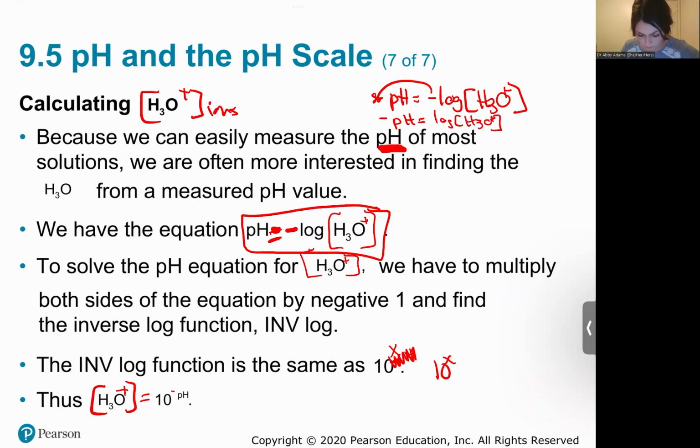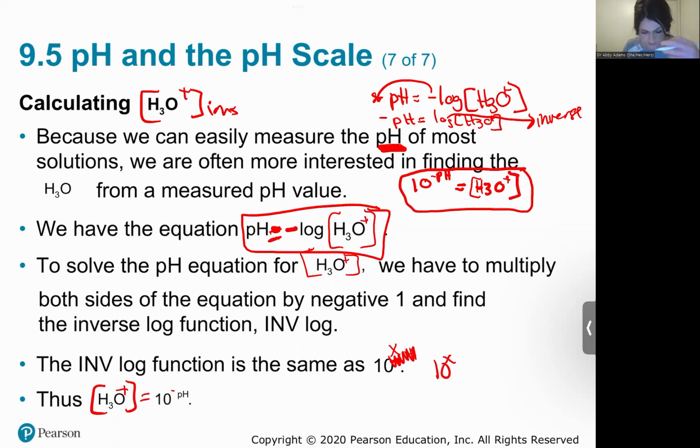And so what you have to do with log is the inverse now of that. And so what it's going to be is 10 to the negative pH, basically. 10 to the negative pH equals your concentration of hydronium ions.